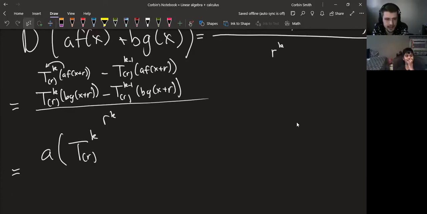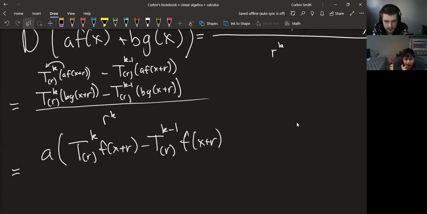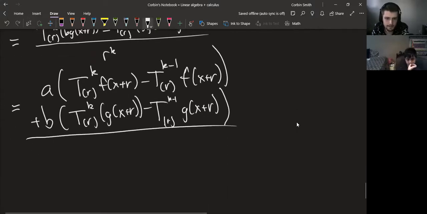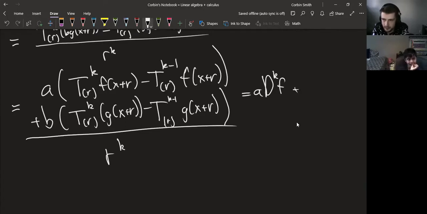We can pull the a to the outside: a times f of x plus r minus t_(k-1) of r f of x plus r, plus b times on the outside t_r^k g of x plus r minus t of r^(k-1) g of x plus r, all over r to the k. But this is just equal to a times the kth derivative of f plus b times the kth derivative of g, right?